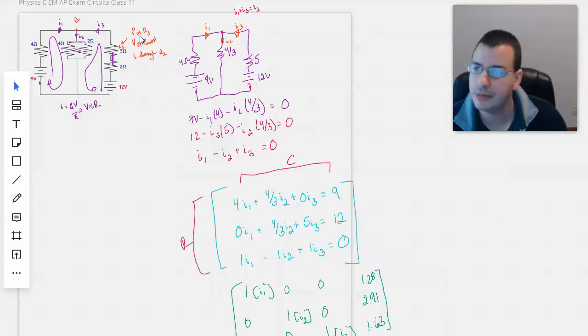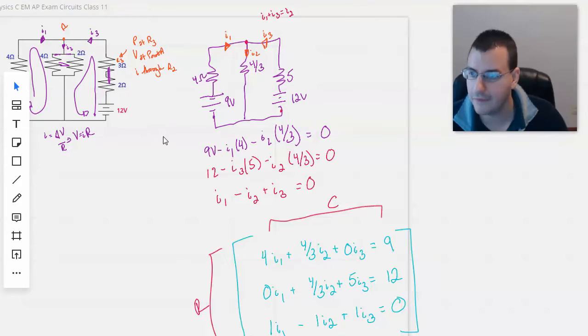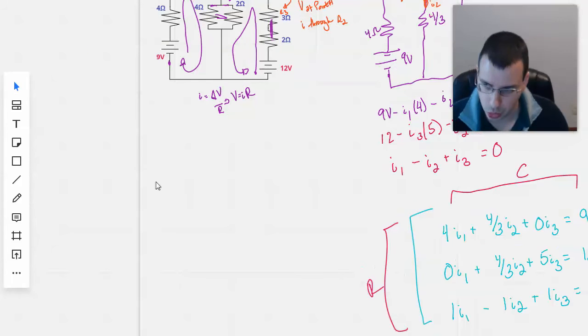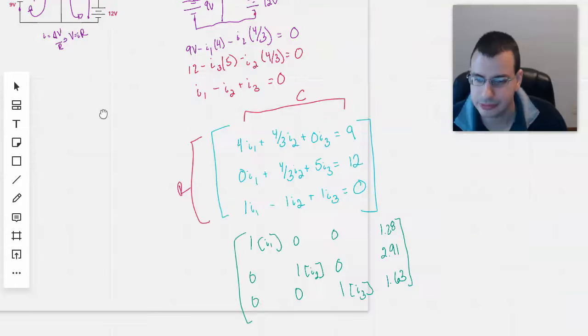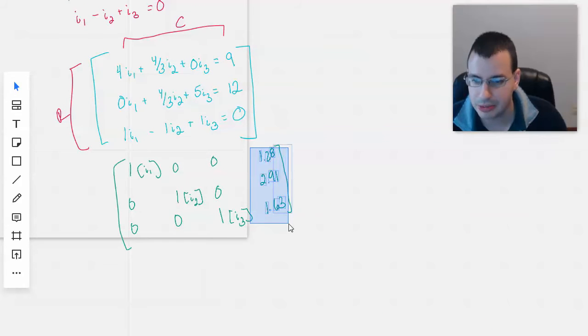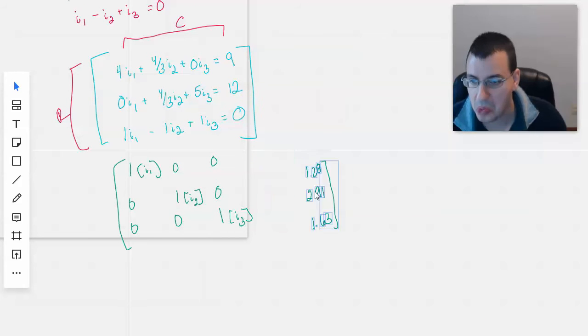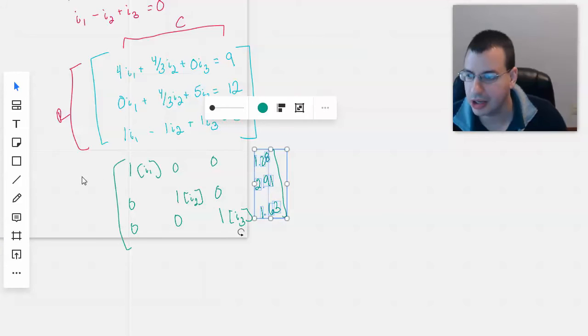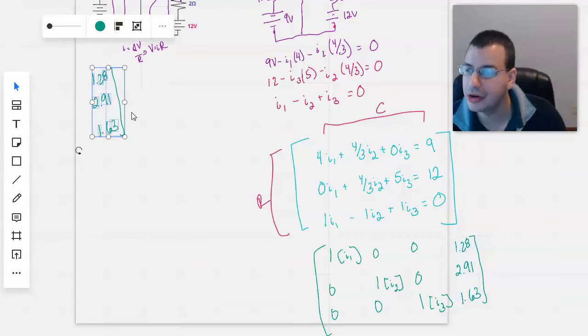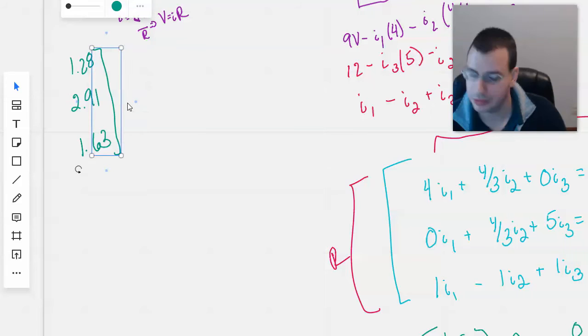So they want power at R3. So the power at R3, I'm going to rewrite. Can I just copy and paste? Aha. I should probably copy it, that way I don't lose it. There we go.